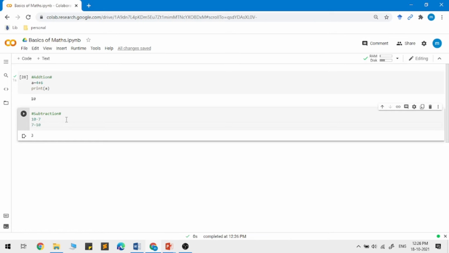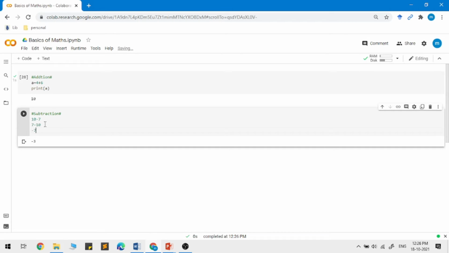When you enter two values one by one, it will take the second value and calculate 7 minus 10. Okay, it is minus 3. Suppose I am calculating minus 7 minus 10, we know that is minus 17, so it gives you minus 17. Okay, this is basic subtraction.